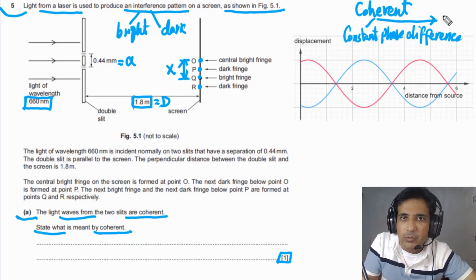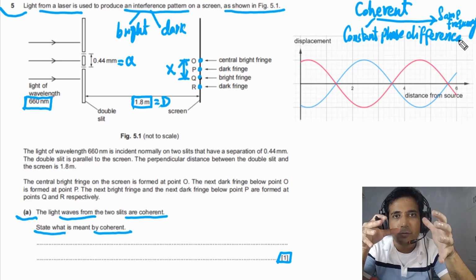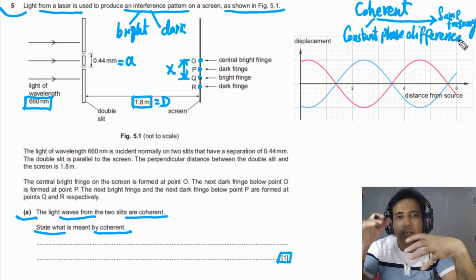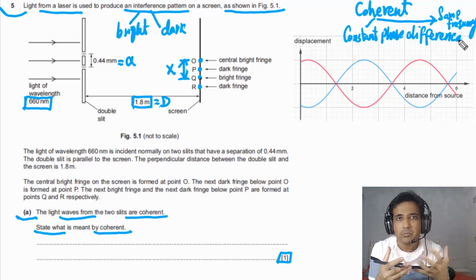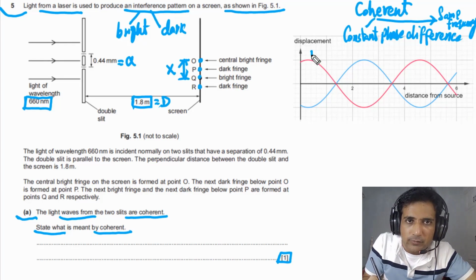So we can write down same frequency. If the waves have the same frequency, it means those waves can be coherent, meaning the phase difference can be constant. Let's understand constant phase difference. If you look at two waves, this one is the red wave and this one is the blue wave.